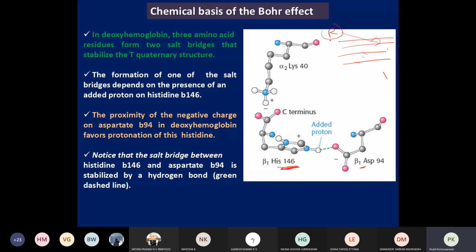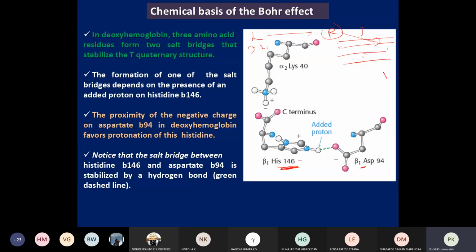As a result, when hemoglobin is moving from the R state to the T state, it has to unload its bound oxygen. That's why, when hemoglobin moves from the lungs to the tissues, there is a change in pH from 7.4 to 7.2, and this lowered pH, meaning higher H plus ion concentration, protonates the histidine 146 present in the beta chain, which is involved in the salt bridge formation with the aspartic acid.